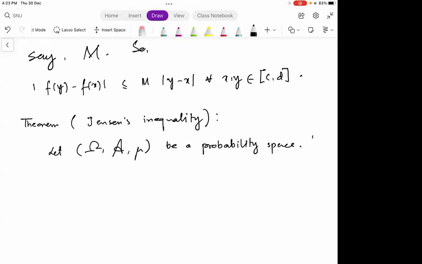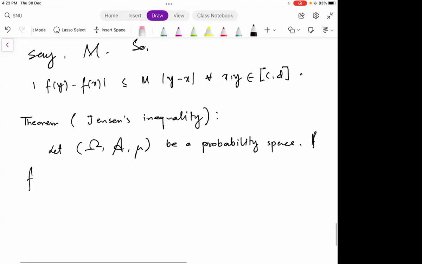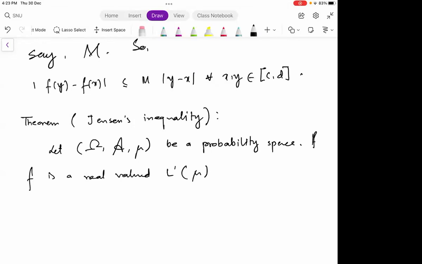If f is an L1(mu) function such that a less than f less than b, that is, f is such a function that it lies between some two real numbers a and b. So this means a less than f(x) less than b for all x in omega.